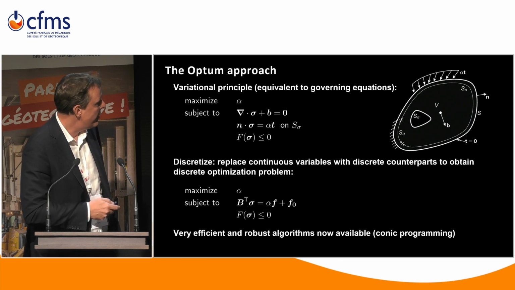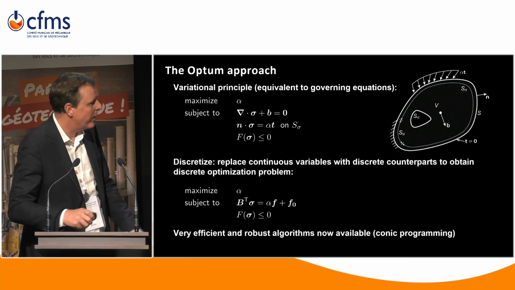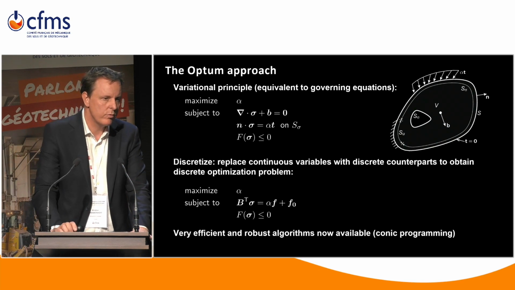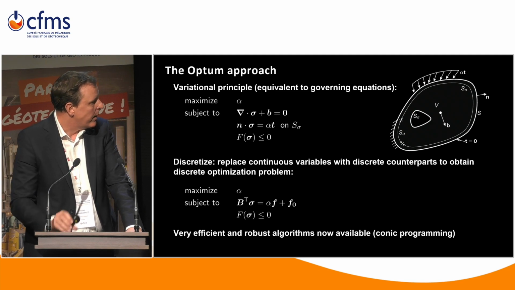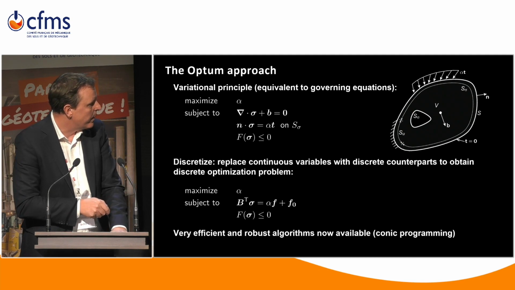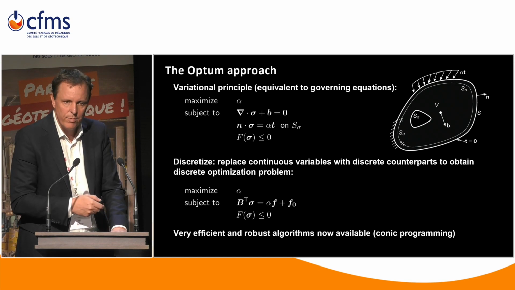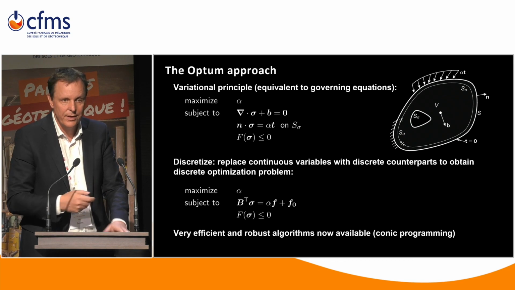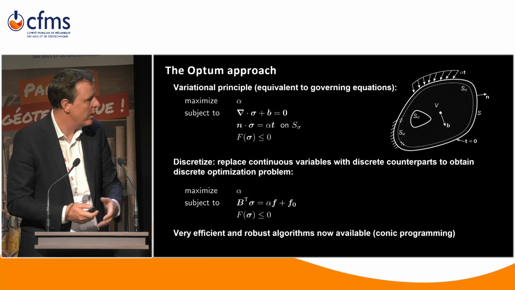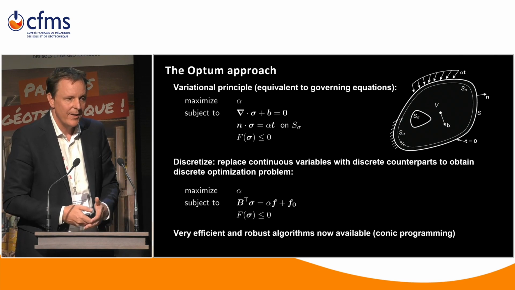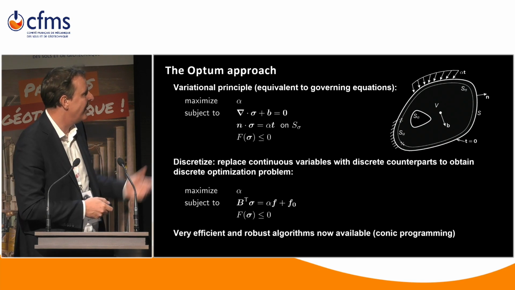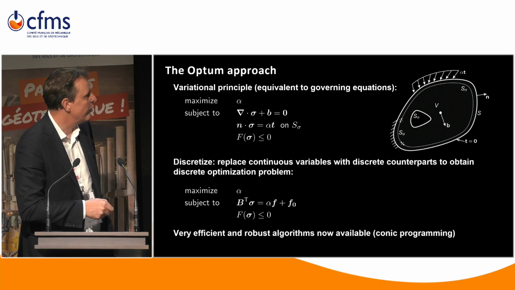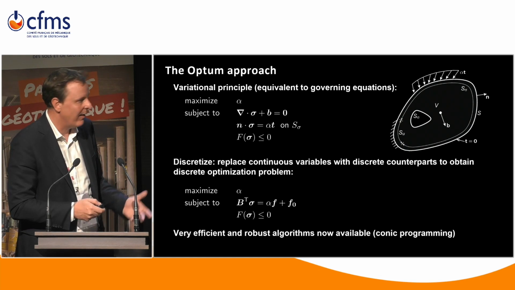So fortunately, probably about 20 years ago or so, a new class of methods came to be known as conic programming methods, developed by applied mathematicians with a focus on exactly these kinds of applications in economics and finance, but fortunately designed for problems which are, funny enough, very, very similar to the ones generated by finite element limit analysis.